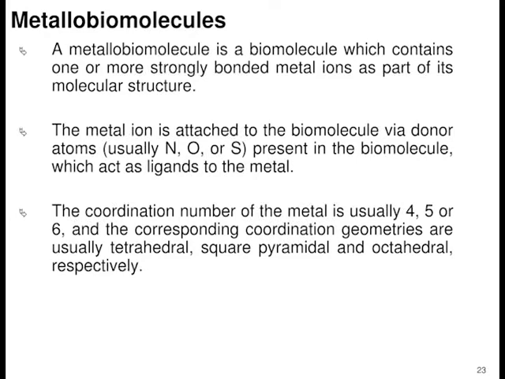So this is the heme group. The heme group is secured on the bioligand by one important amino acid, which is your histidine. I'm trying to illustrate the importance of nitrogen.